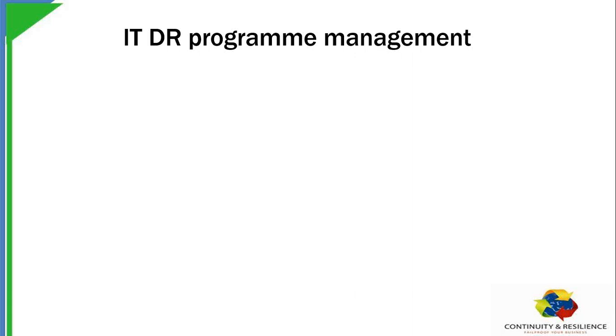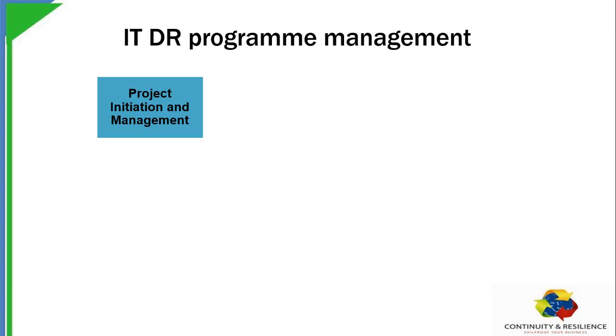We are looking at integrating various management systems to achieve our goal by reducing the time, the cost, improving the efficiency, etc., by doing it. So just a quick overview of what exactly ITDR program management will have.